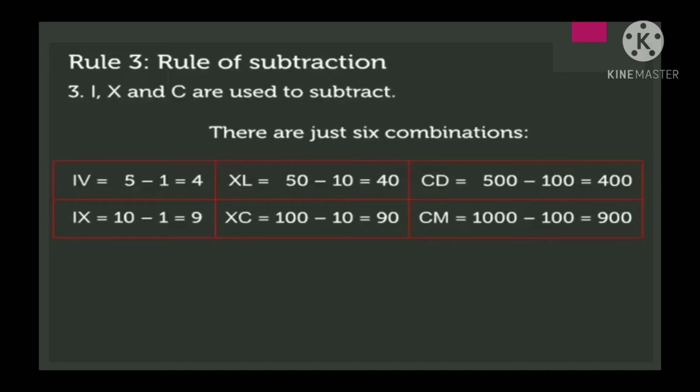XC is equal to 100 minus 10, which is equal to 90. CD is equal to 500 minus 100, which is equal to 400. CM is equal to 1000 minus 100, which is equal to 900.